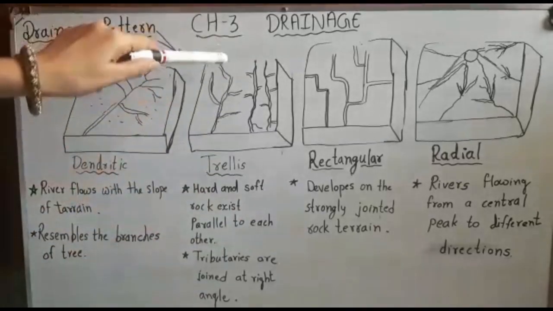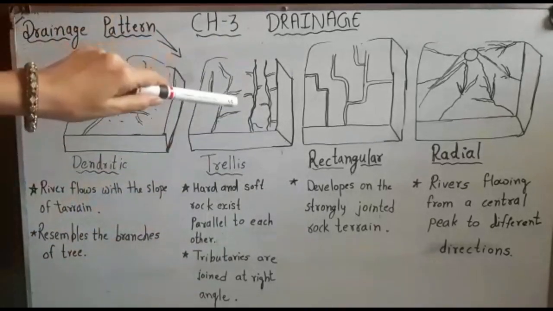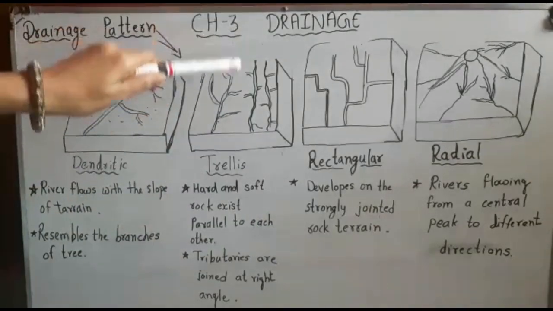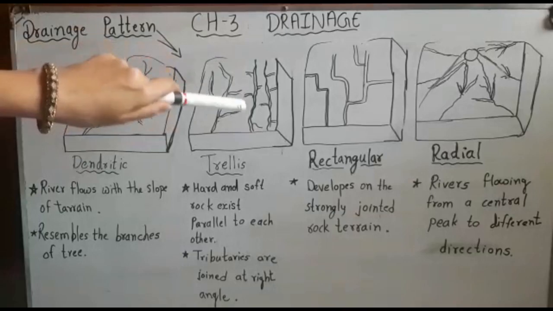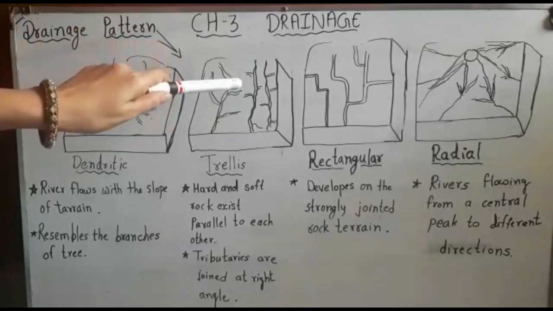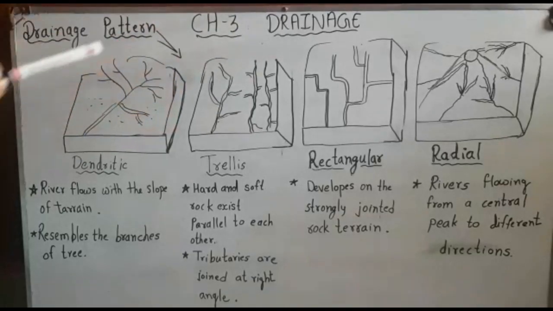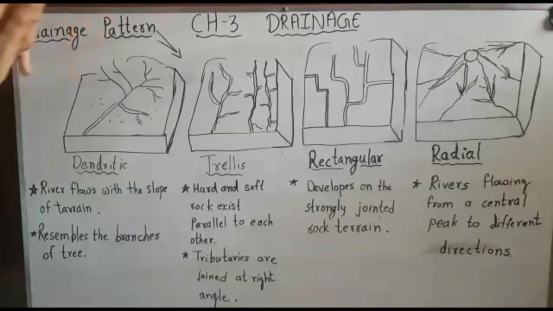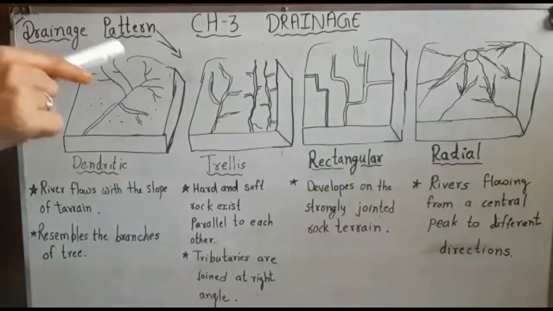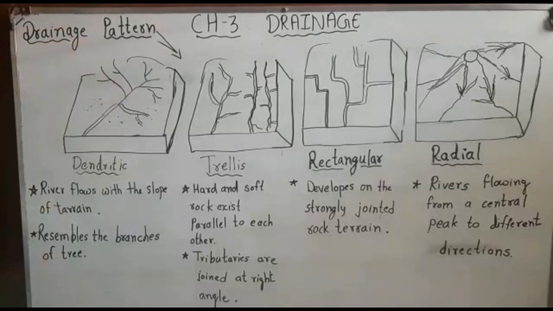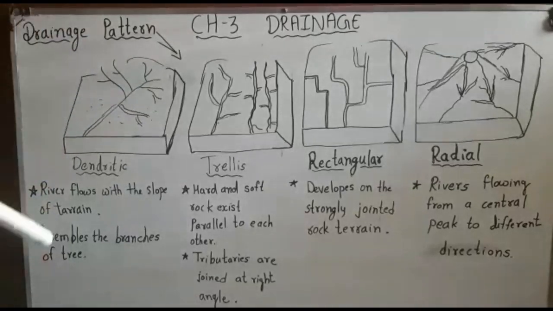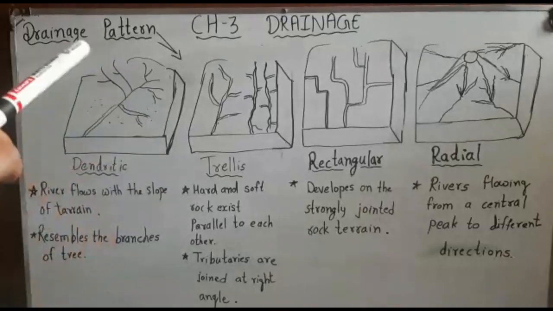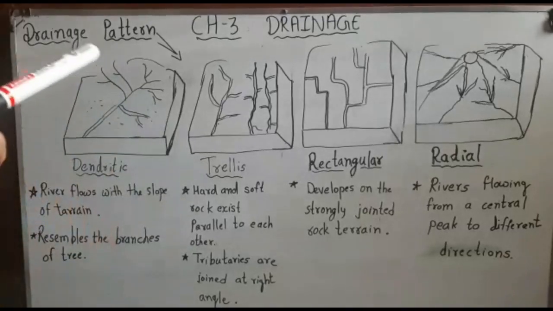When the river flows during its travel, some hard rocks are there, and it turns opposite to the rock. That's why these structures are in rectangular form. So here you can understand properly that it is forming a rectangular formation.